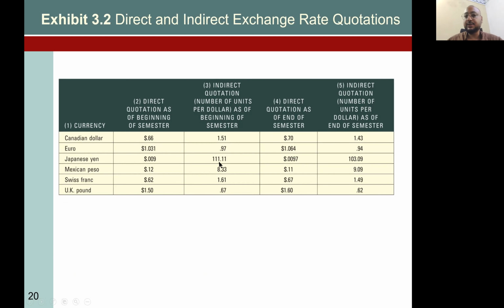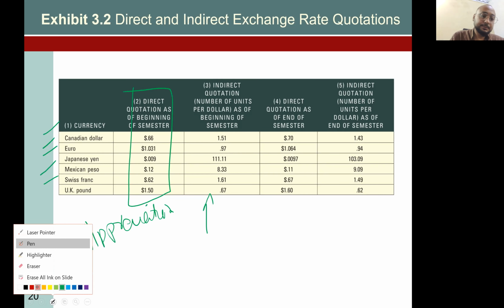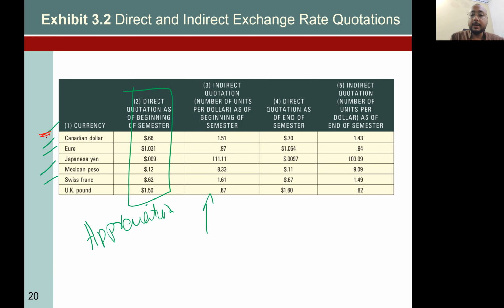Please pay very close attention here. So, what do we call this appreciation? Appreciation means an increase in the value of a currency, but which currency? There are many currencies here. So you need to find out which currency you are dealing with right now. So, direct quotation: first, 1 Canadian dollar is equal to $0.66.